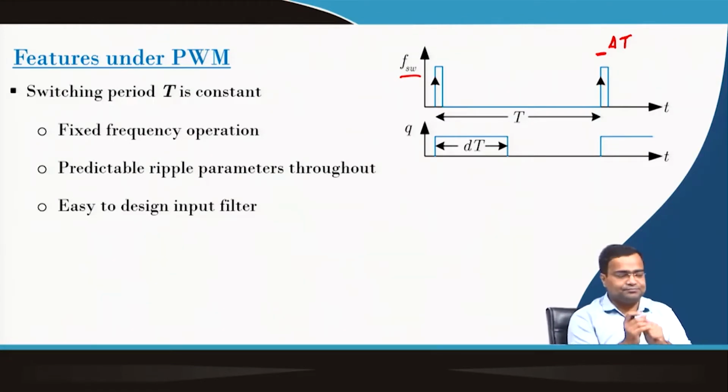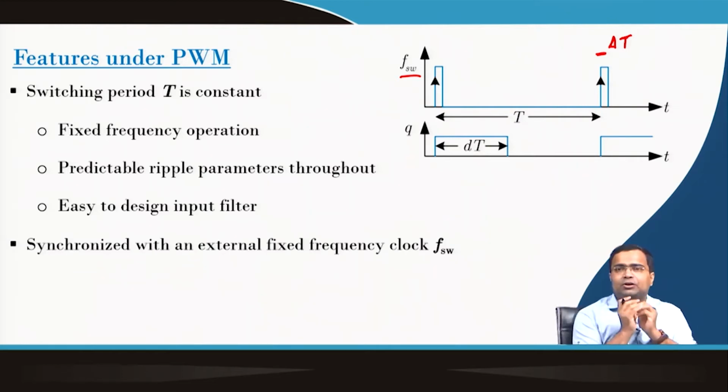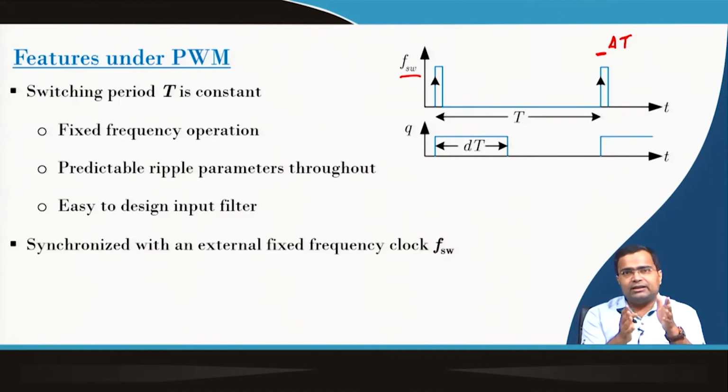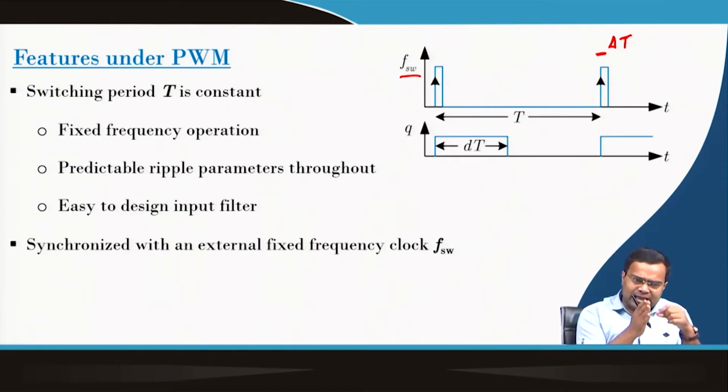Then, as I said, the FSW can be taken directly from an external clock. For example, if we talk about a DC microgrid application where multiple converters are connected, in some cases we can synchronize them using an external clock.